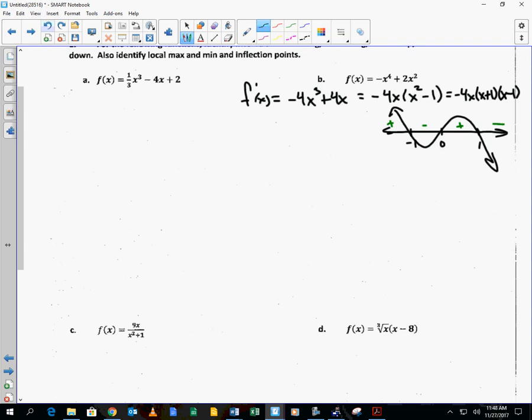So I do f double prime. And second derivative is? Does that factor? Sure, yeah, you can take out negative 4 if you want. You get 3x squared minus 1. What are the solutions to 3x squared minus 1?